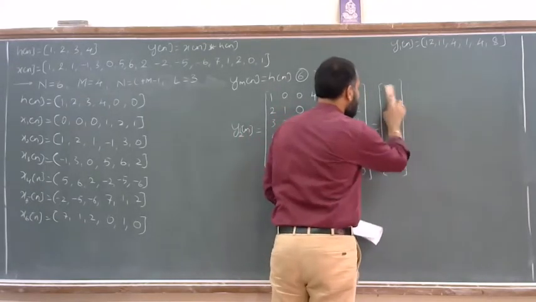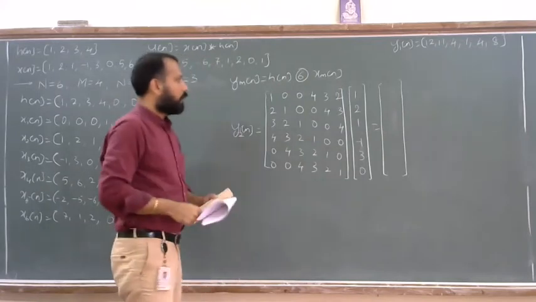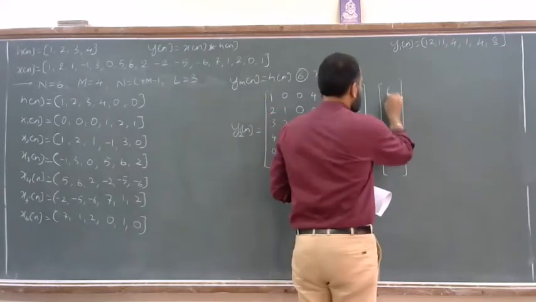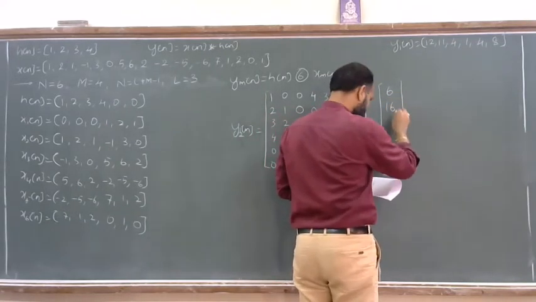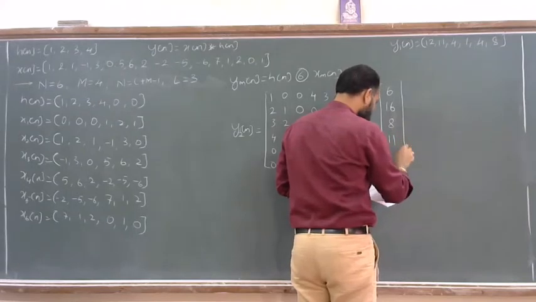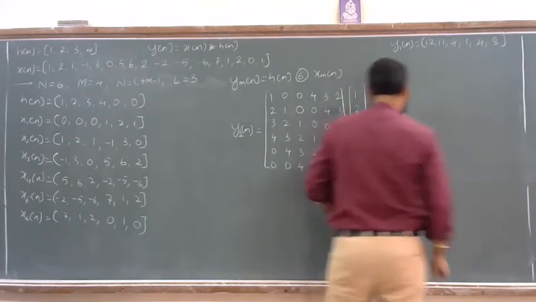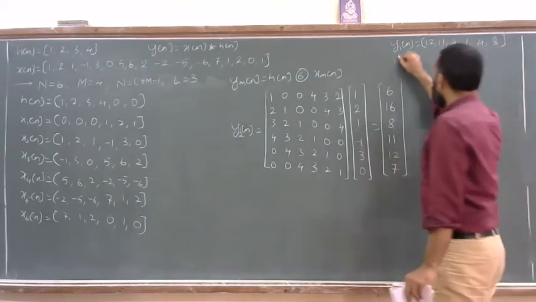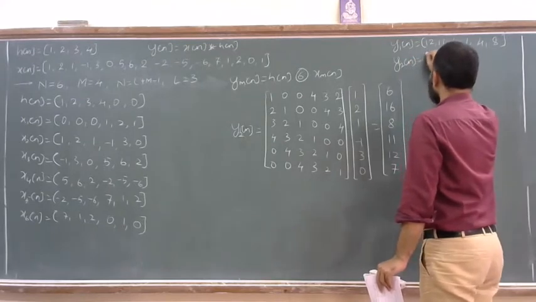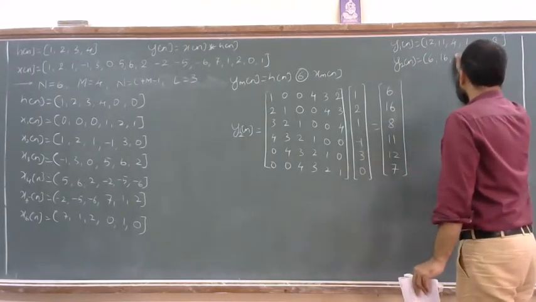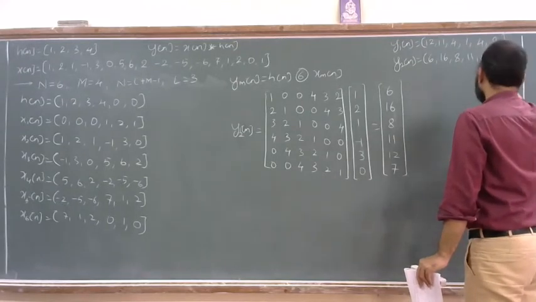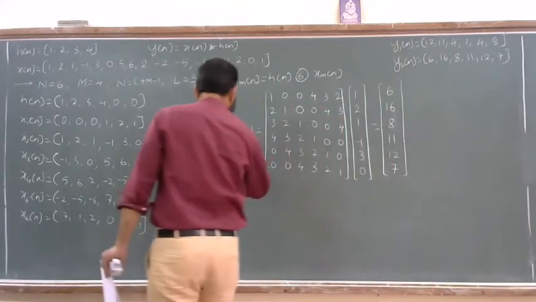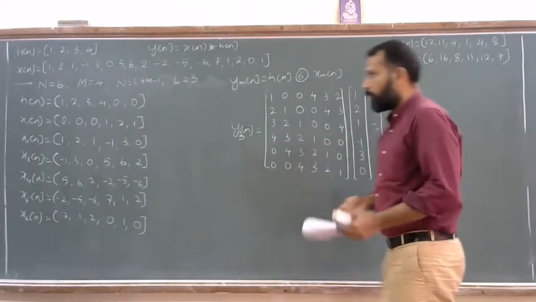Now multiply this matrix with this column so that we will get the second block of data. After performing matrix multiplication, we get 6, 16, 8, 11, 12 and 7. This will be the second block of data. Y2 of n equals 6, 16, 8, 11, 12 and 7. Likewise, you keep on doing this for all the segments of input.